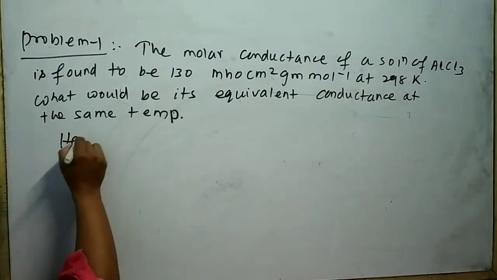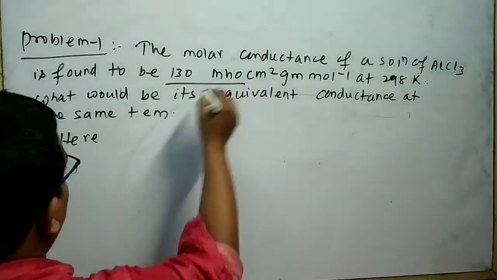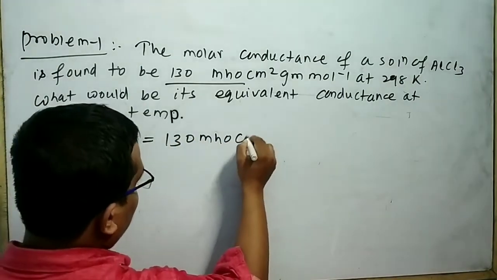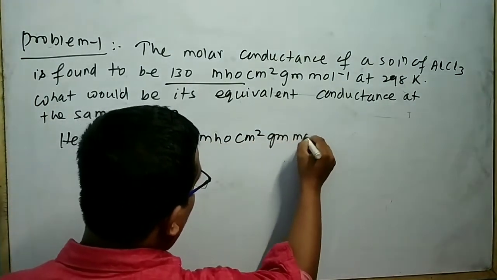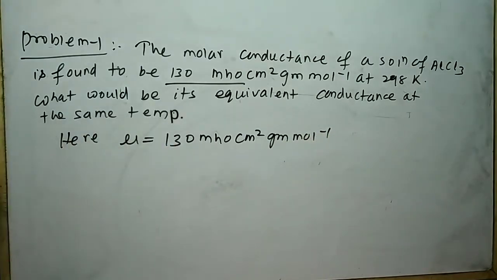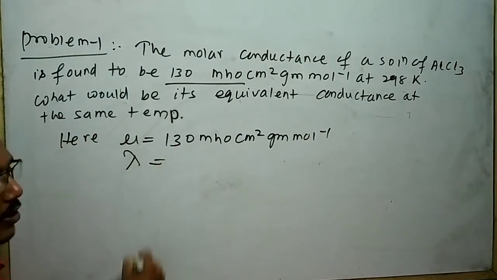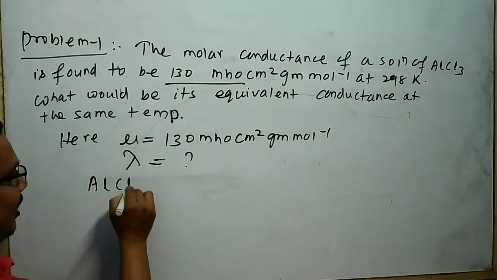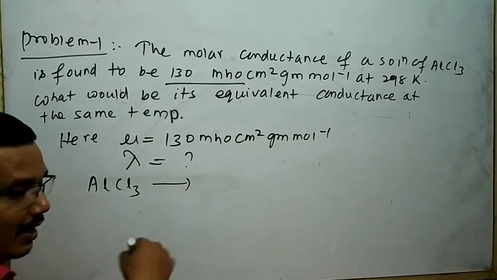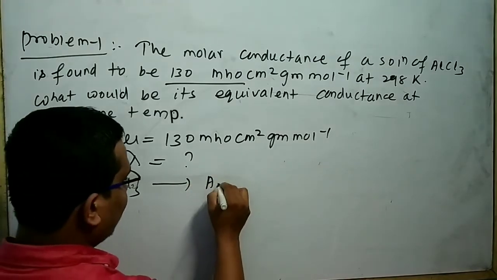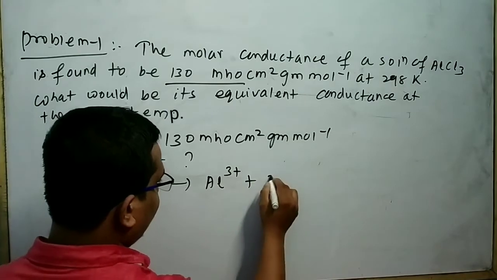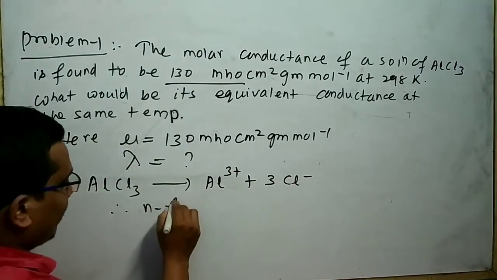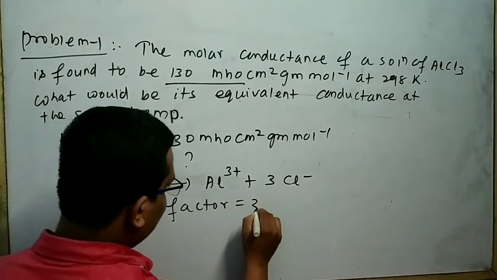Here molar conductance is given, that is mu equal to 130 mho cm square gram mole inverse. Our aim is to find the equivalent conductance. In this problem, the solution is AlCl3. When AlCl3 undergoes dissociation, it gives Al3 plus and 3Cl minus. So here n factor equal to 3.